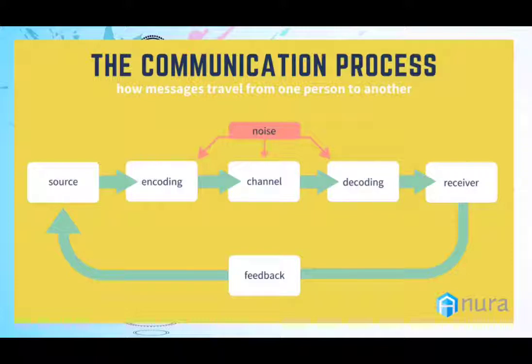The receiver decodes or interprets the message sent and responds accordingly based on his interpretation of the message. This response comes in the form of feedback, sent to the original source of communication or the sender. As the communication transaction continues, the sender and receiver may exchange roles until understanding is achieved.